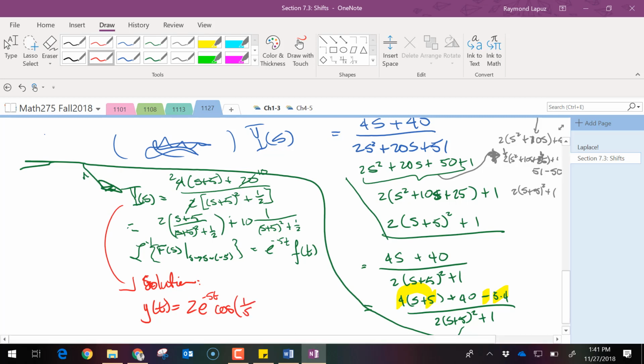So 1 over square root of 2 t. And then the other one is 10 times, and then the translation back where you have a constant.